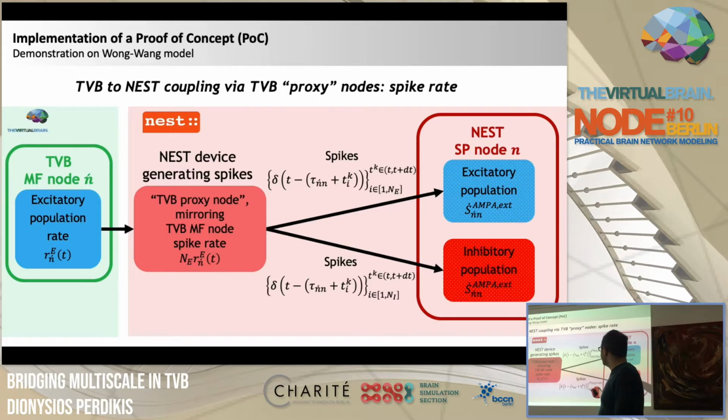With the time delay that is defined by the TVB connectivity. We can program this NEST device to store the spikes for some time and send them only with the delay that we require. In this case, we communicate between TVB and NEST via spikes.